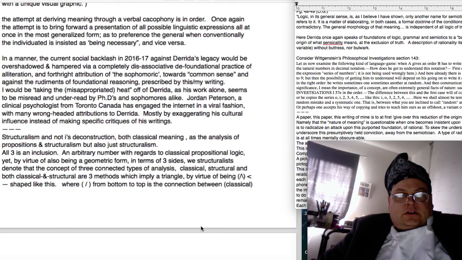In a manner, the current social backlash of 2016 to 2017 against Derrida's legacy would be overshadowed and hampered via a completely disassociative, defoundational practice of alliteration and forthright attribution of the sophomoric towards the common sense and against the rudiments of foundational reasoning prescribed by this my writing.